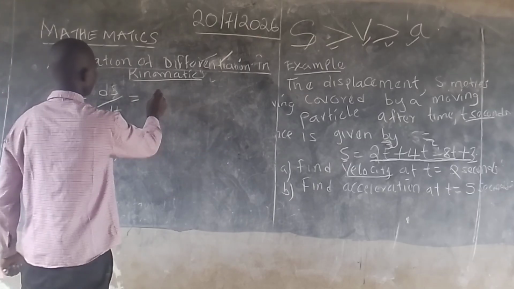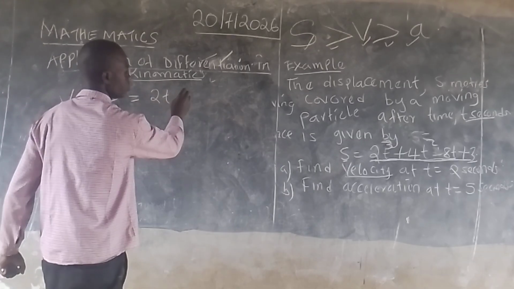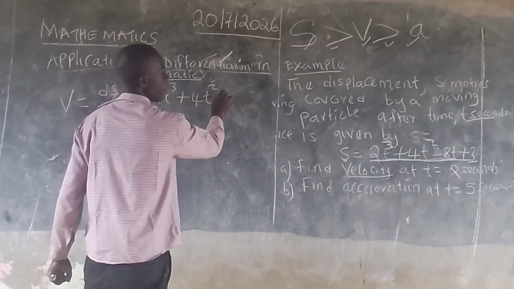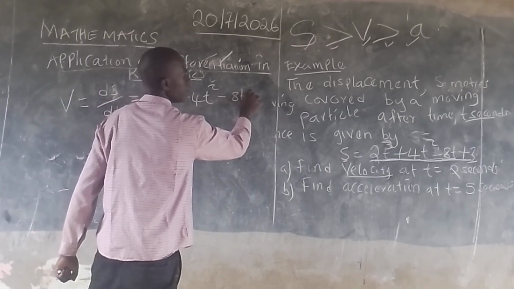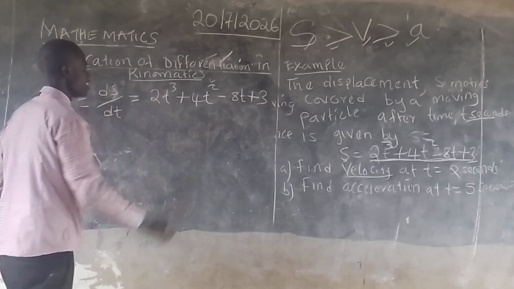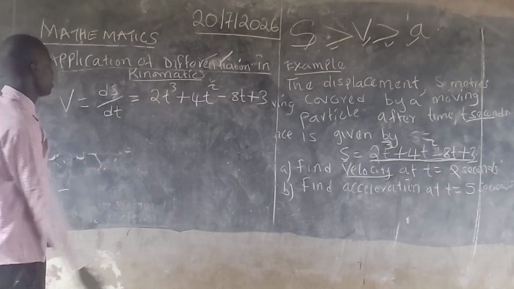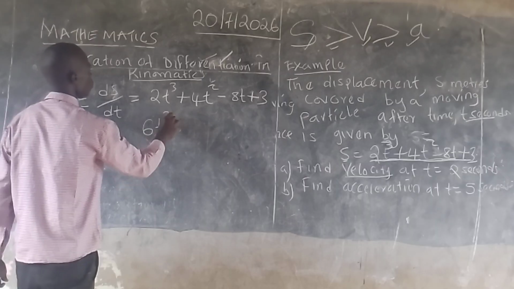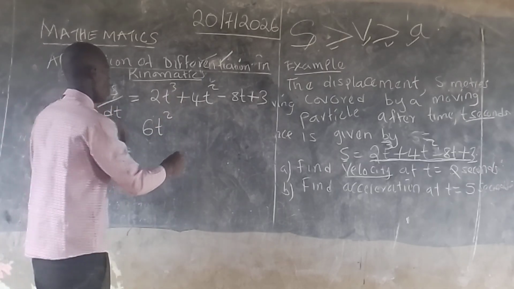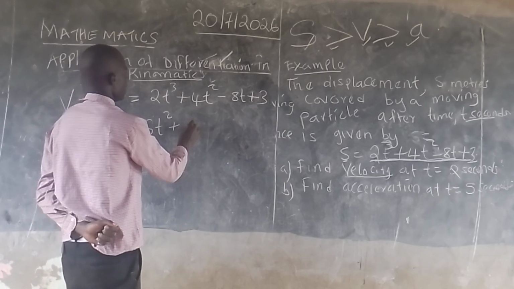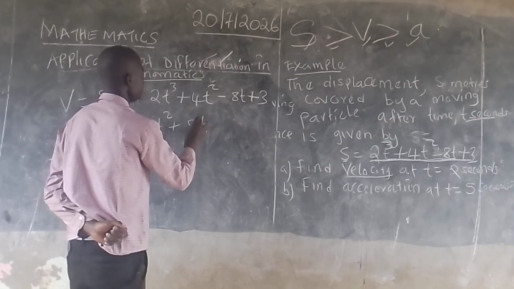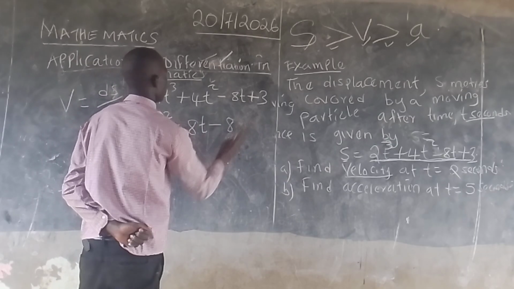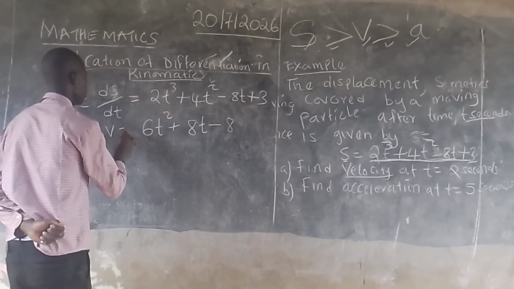We have 2t cubed plus 4t squared minus 8t plus 3. If we differentiate this equation, the first thing is that we bring down the power. It becomes 6t squared. Then we reduce the power by 1, plus 8t minus 8. That is now our velocity equation.